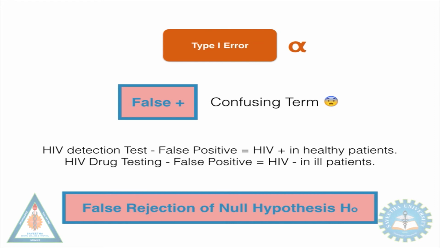Whereas in a drug testing study, your aim would be to prove that the drug kills the HIV virus. So a false positive would be to say the drug is killing HIV, or there is no HIV virus, even though there may be a virus in the patient. To avoid this confusion, we usually use the term false rejection of the null hypothesis. In other words, rejecting the null hypothesis when it is true.